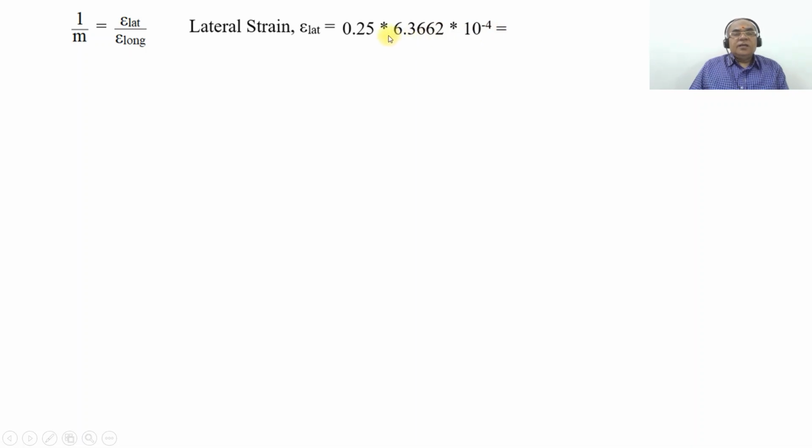Therefore, you get the lateral strain as 1.592 into 10 to the power of minus 4. Since it is a strain, it is unitless.